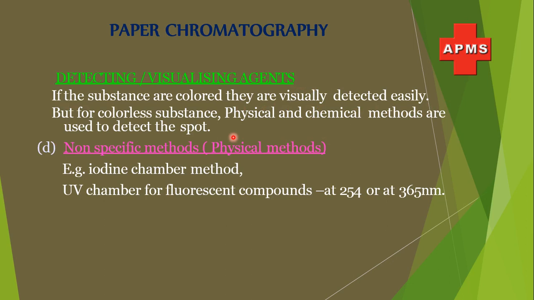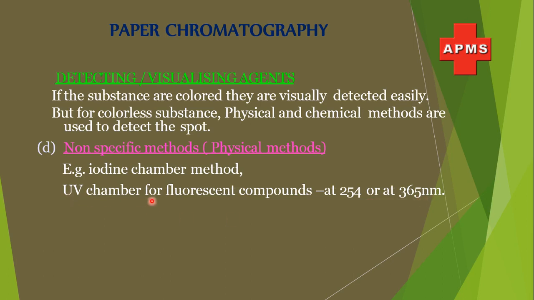So what are the physical methods? The physical methods are the iodine chamber method and the UV chamber for fluorescent compounds at 254 to 365 nanometer wavelength.